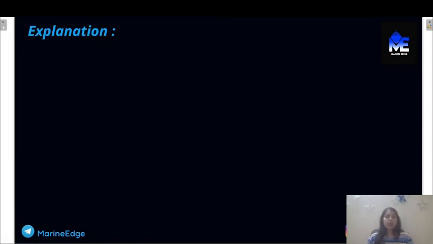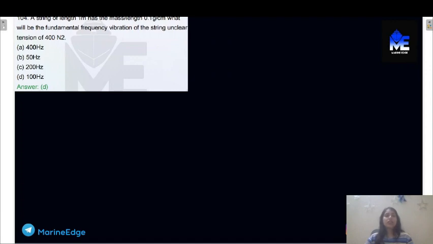Okay. Now, next. The length of the string is given as 1 meter, and it has a mass per unit length of 0.1 gram per centimeter. What will be the fundamental frequency? For this, what is the formula to calculate it? The fundamental frequency is 1 upon 2L under root T upon mu, correct? We have the length as 1 meter, so that is fine. T is the tension.